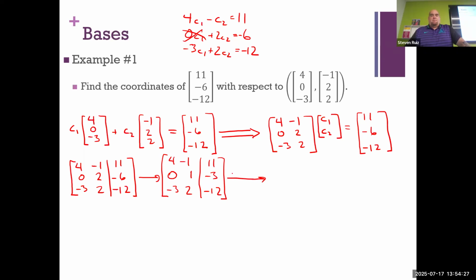Oh, okay. So row 3. Oh wait, sorry. Which rows do you want to deal with?